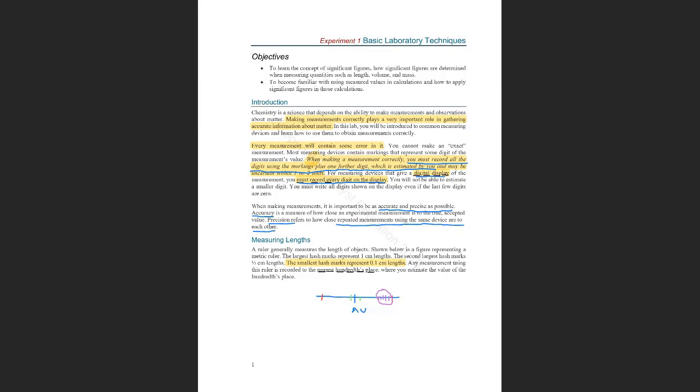So that is precision. It's not talking about how close it is to the accepted value. So here, what it's saying, it refers to how close repeated measurements using the same device are to each other. So this is the difference between accuracy and precision.